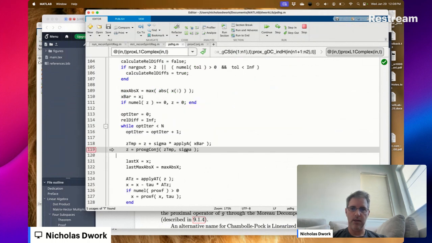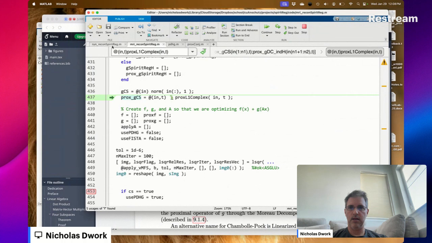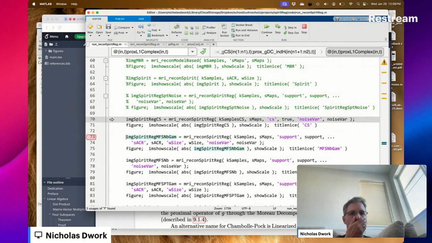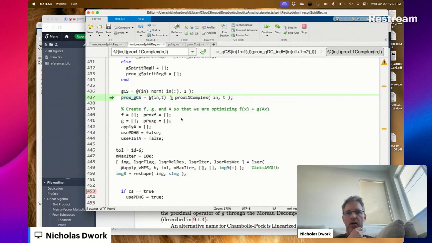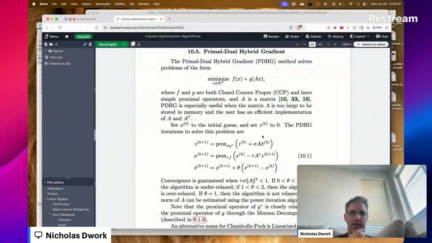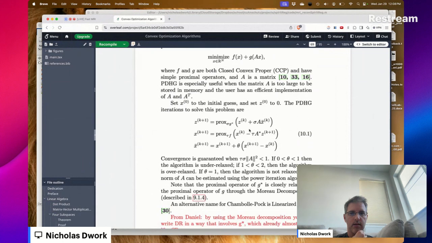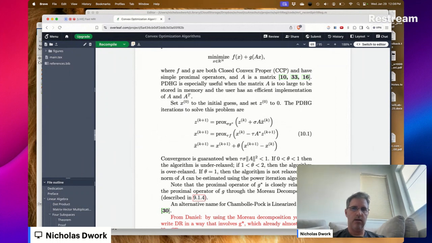What is sigma? Sigma is, of course, the step size. It's one of the step sizes. Sigma tau is 1 over the norm of A squared.